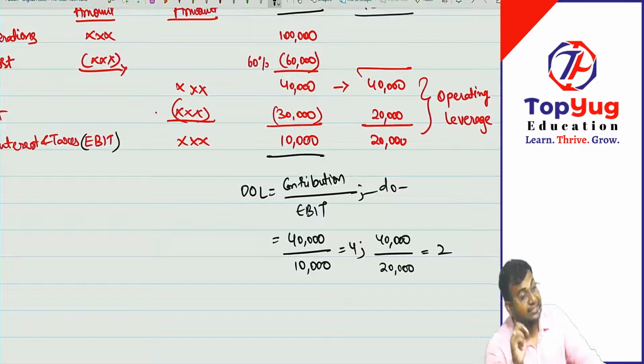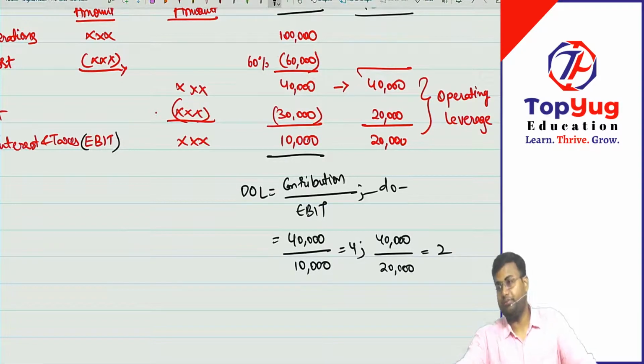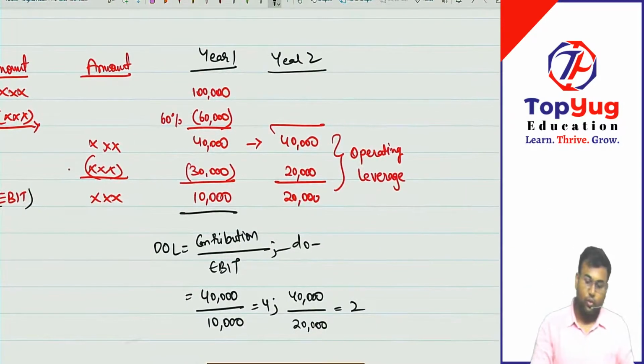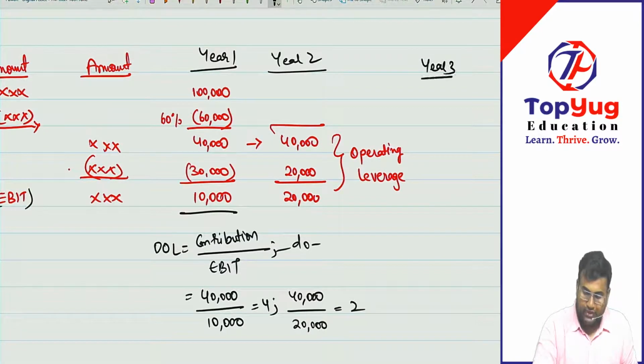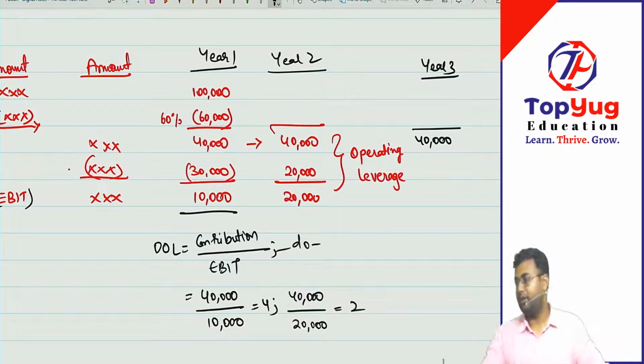What is the maximum leverage you can reach? Suppose COVID started. Year 3, COVID started. You are still at a 40,000 rupees contribution per se. Right? You are paying rent. You had already collected student fees. You have already engaged a faculty. Now, you cannot physically go to the premises.